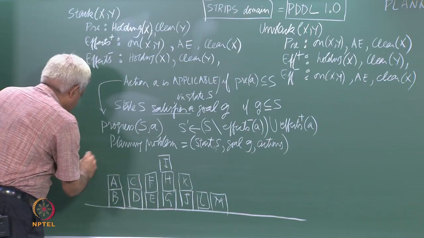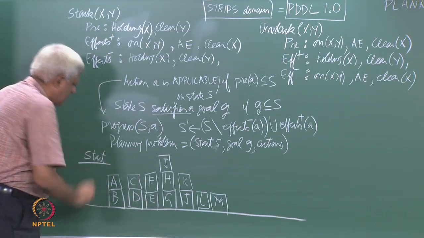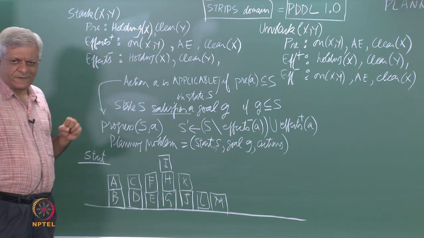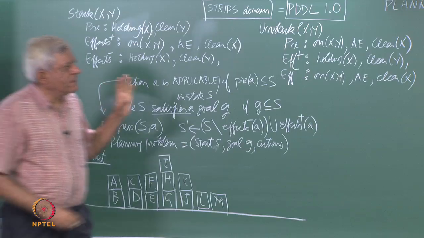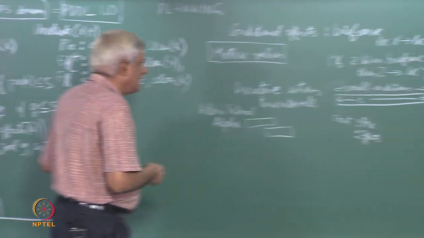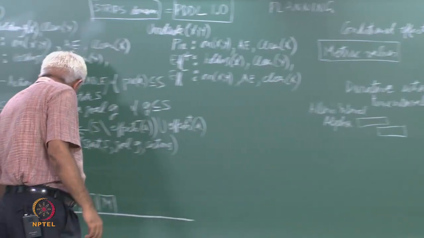So, let us say this is a start state, and that is a goal state that we want to achieve, which is that A should be on B and B should be on D essentially.